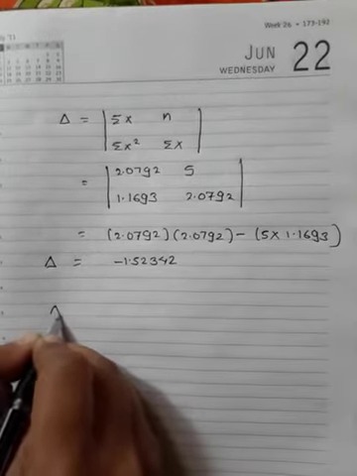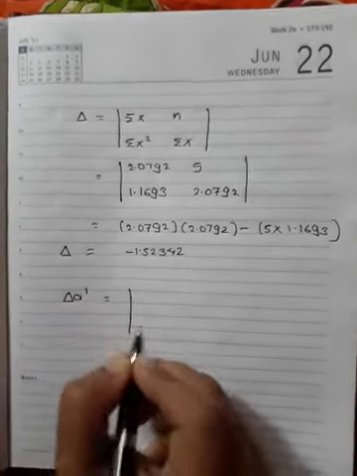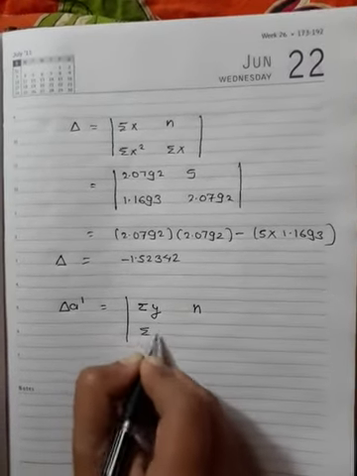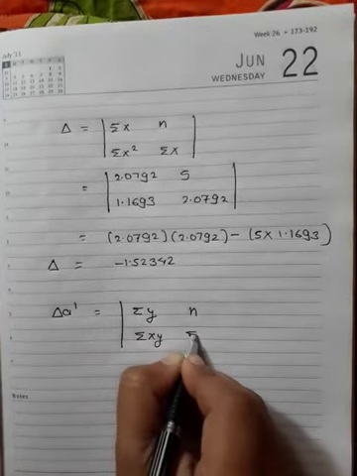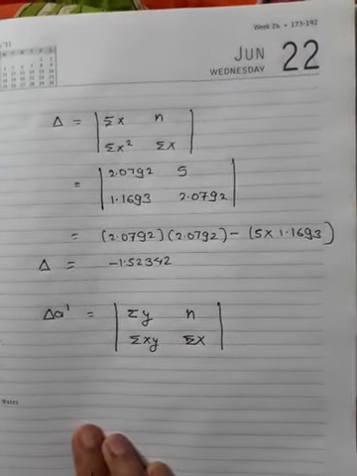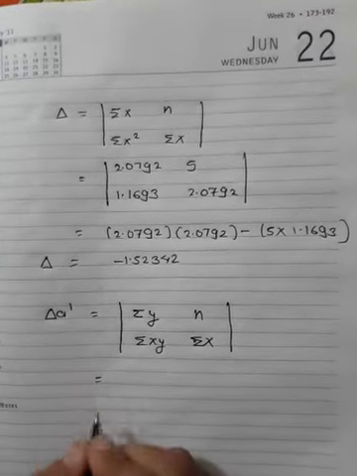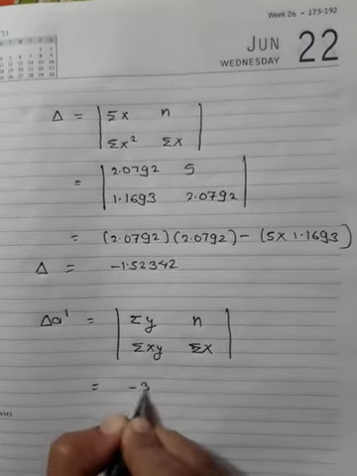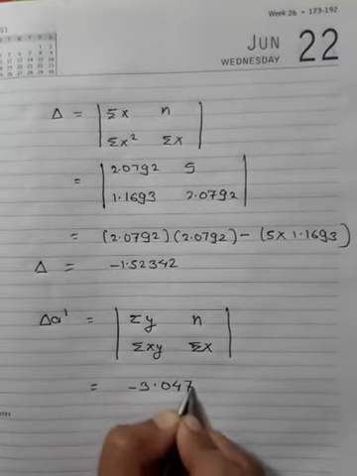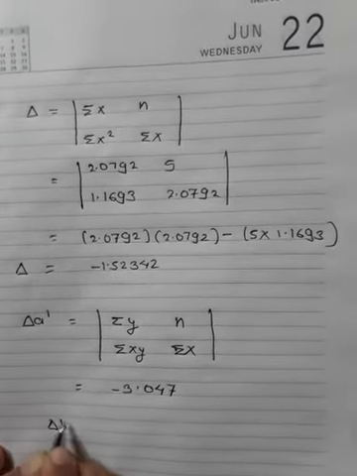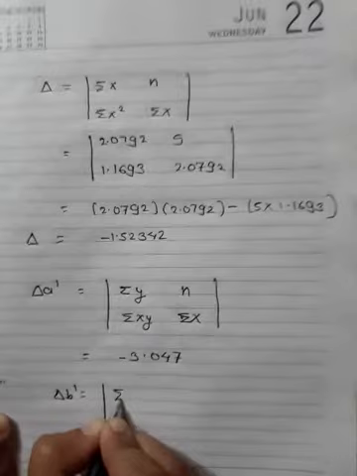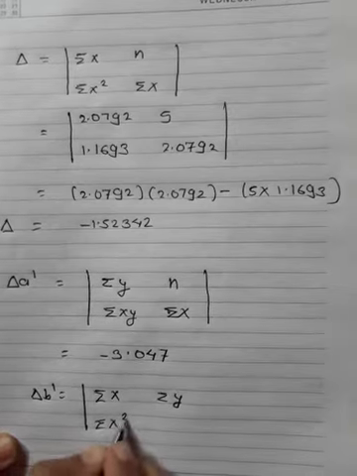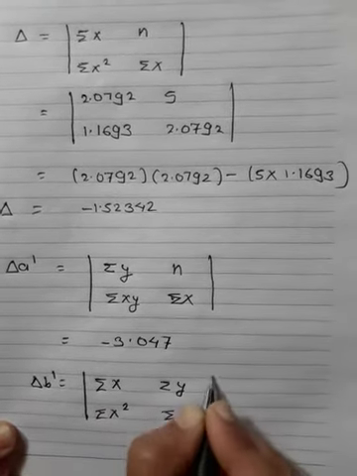After that we have to calculate delta a dash. The formula for delta a dash is summation y, n, summation xy and summation x. You have to enter all the values and solve like this for delta a dash. The final answer will be minus 3.047, and delta b dash is nothing but summation x, summation y, summation x square and summation xy.